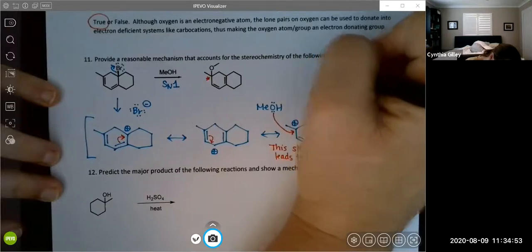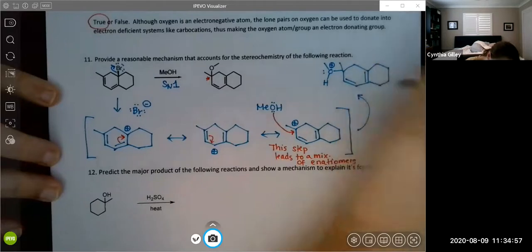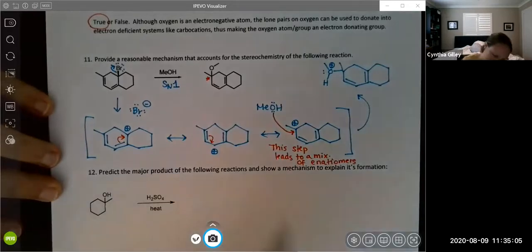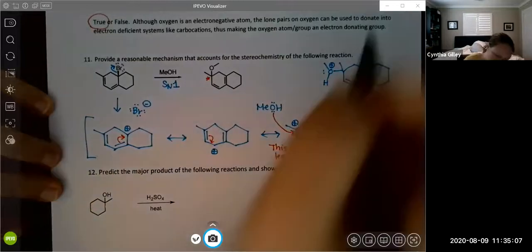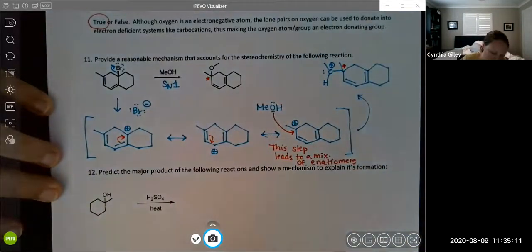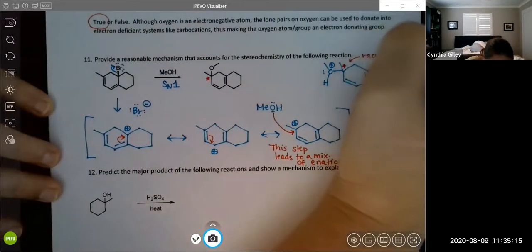This is the initial product of that nucleophilic attack step, which would then need to lose a proton to become the final product. So note that this is a stereoisomer center, and it is a racemic mixture of the two enantiomers.